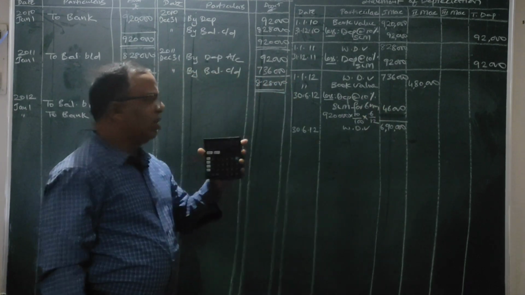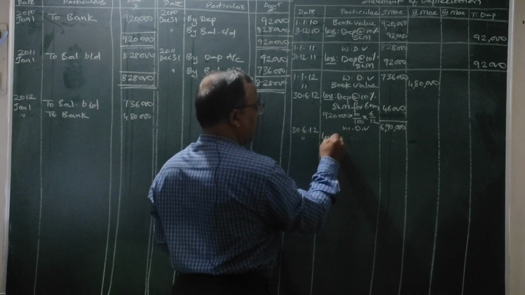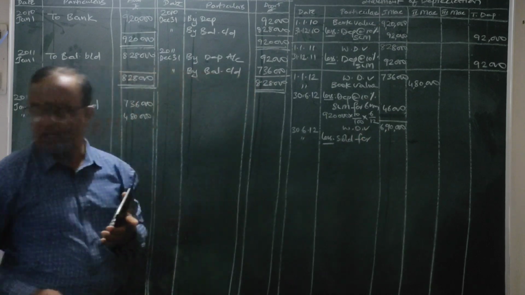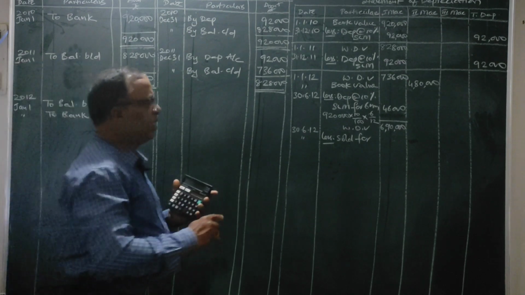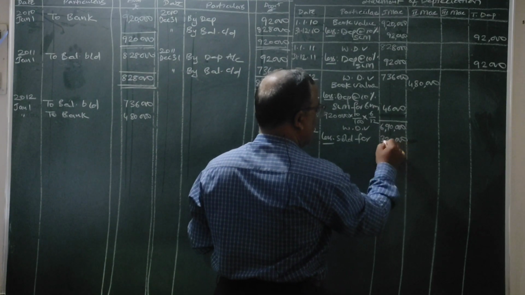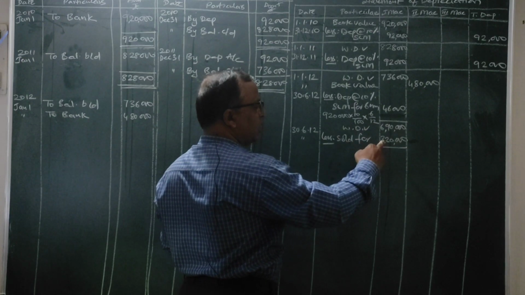So on this date he has sold it. When he has sold it, you are going to write less sold for. He has sold for how much? The 6,90,000 book value machine he has sold for 3,20,000.